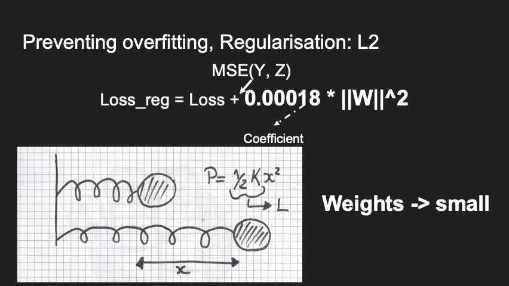If they are too high, there's a strong incentive to bring the weight toward a smaller value. But if the value of the weight is very small, the network doesn't care that much. This is why L2 regularization is usually considered more gentle than L1.